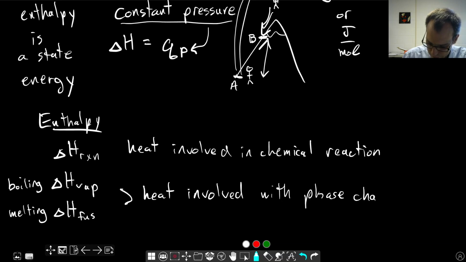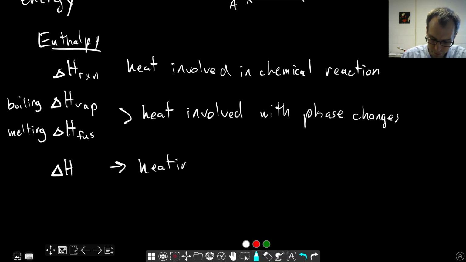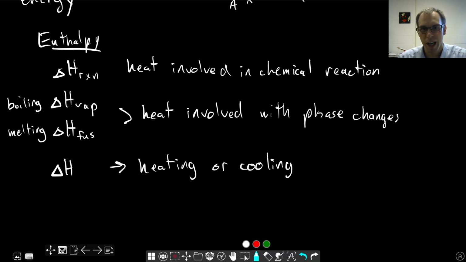And one additional type of heat exchange that we will think about and look at in the next video is enthalpy involved with just heating or cooling something. So this one doesn't get a special subscript, but delta H involved with heating or cooling. Maybe we want to know how much energy does it take to warm up a pot of water, or how much energy does it take to cool down a can of soda.